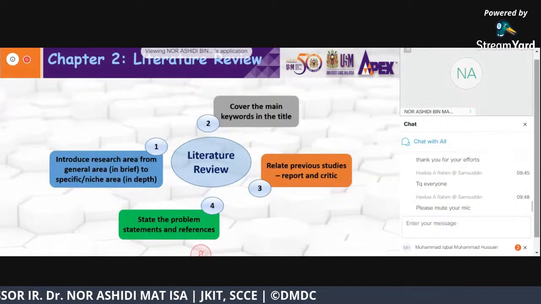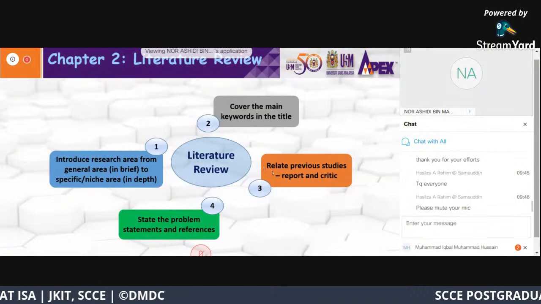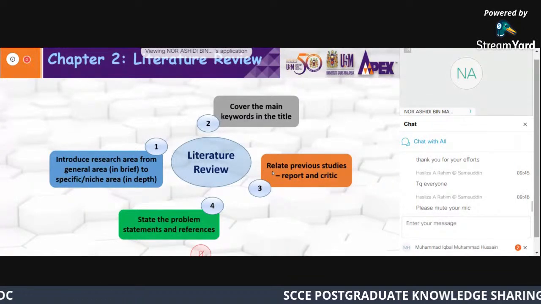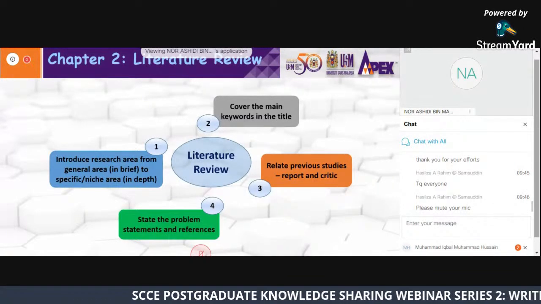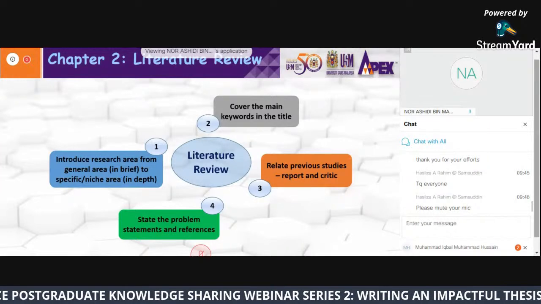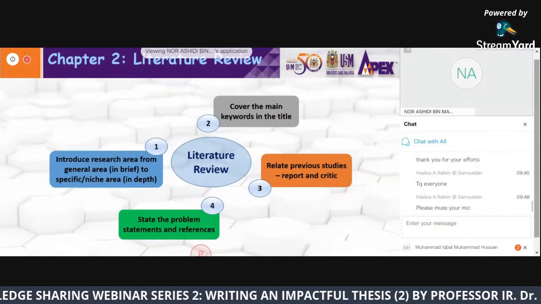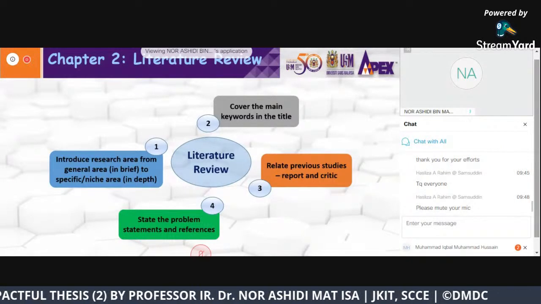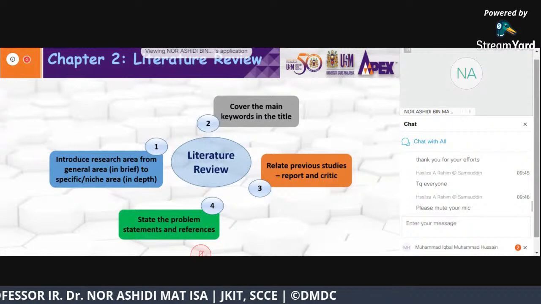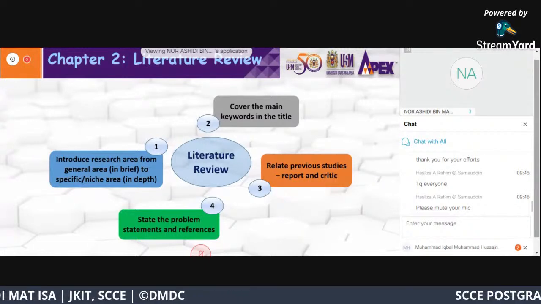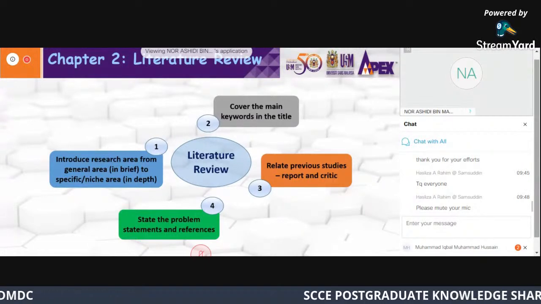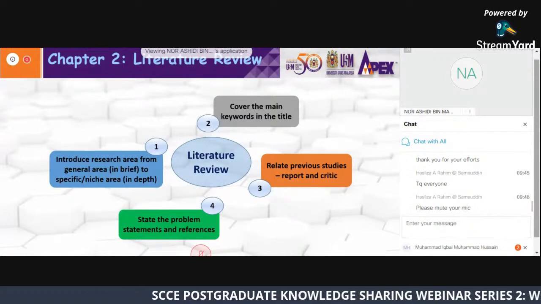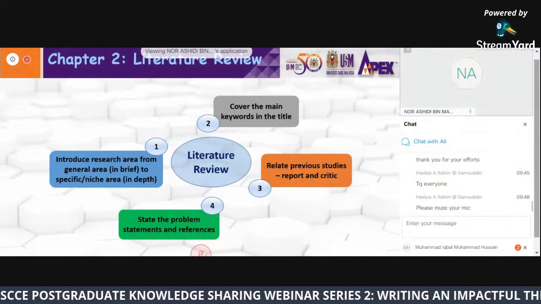Okay, so that's why you have to be able to relate from one study to another study, and you need to critique and discuss their problems. Basically, when you review one reference, you will know, okay, this is the problem. Then the second reference, this is the problem, and each is a specific problem of those references.